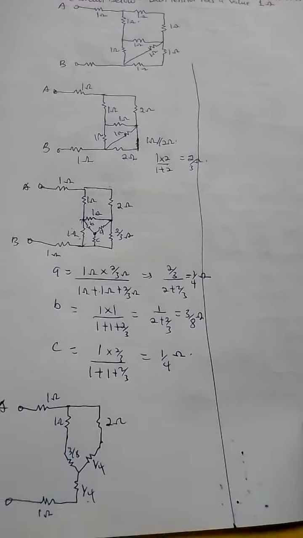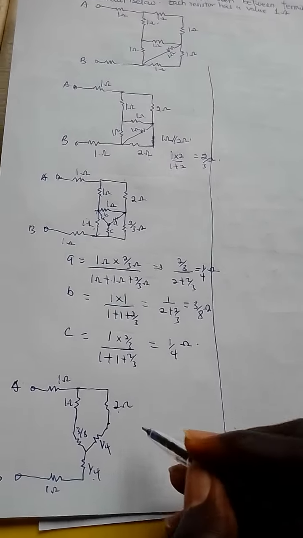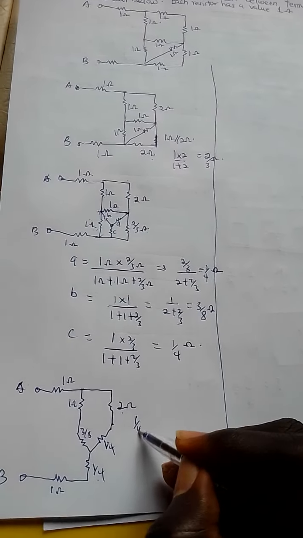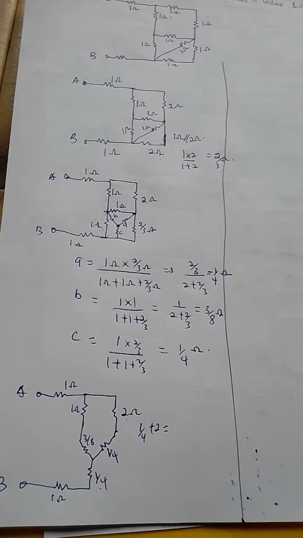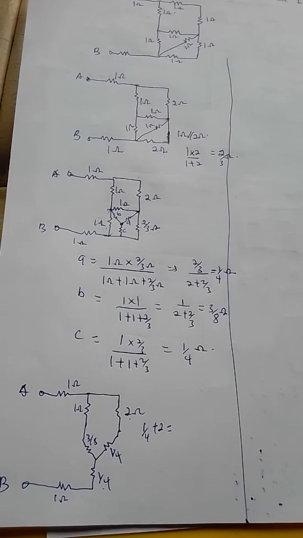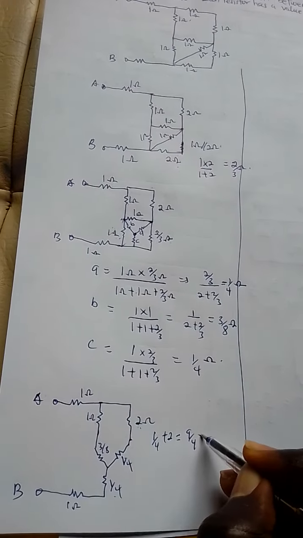So let me add 2 plus this, that is, 1 over 4 plus 2 here is going to give me what? 9 over 4. These two give me 9 over 4 ohm.